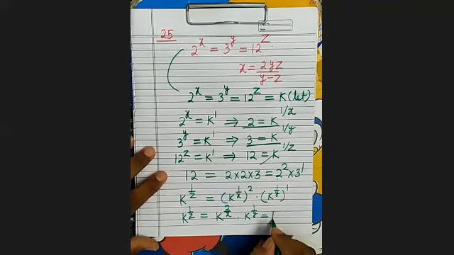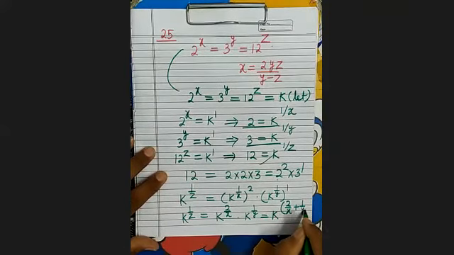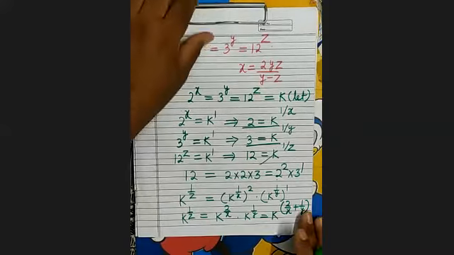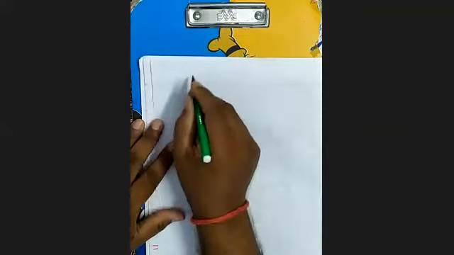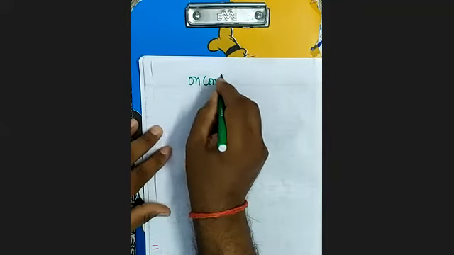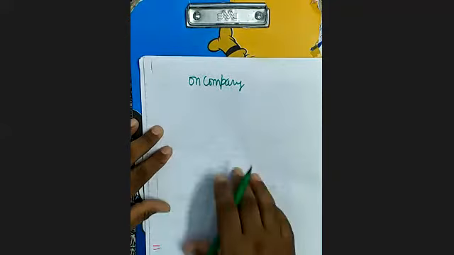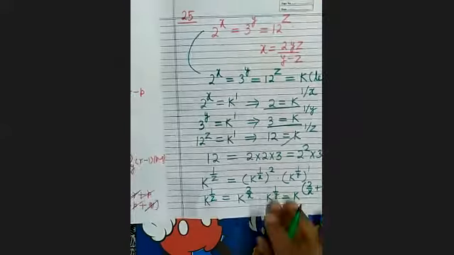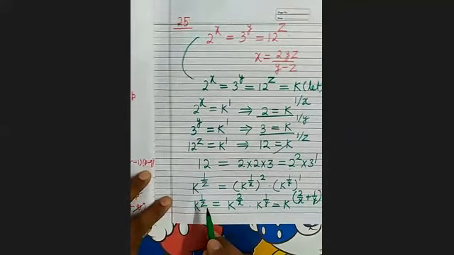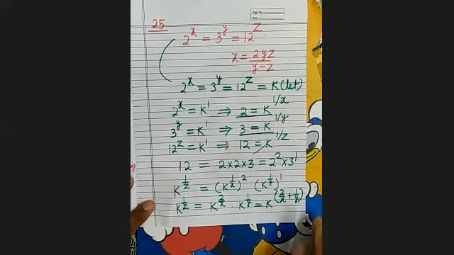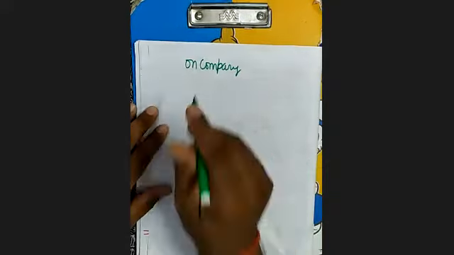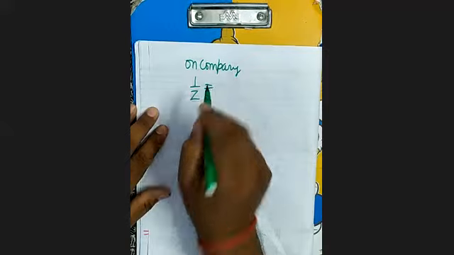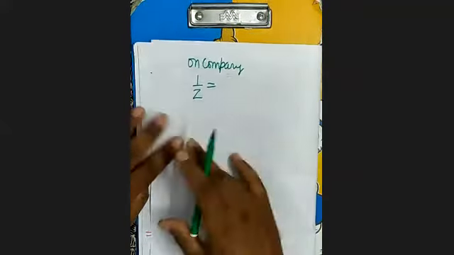Now powers will be added. So here 1 upon z equals, on comparing, what will you get? Here k to the power 1 upon z, and this is k to the power 2 upon x plus 1 upon y. So you can see here, this is 2 upon x plus 1 upon y.